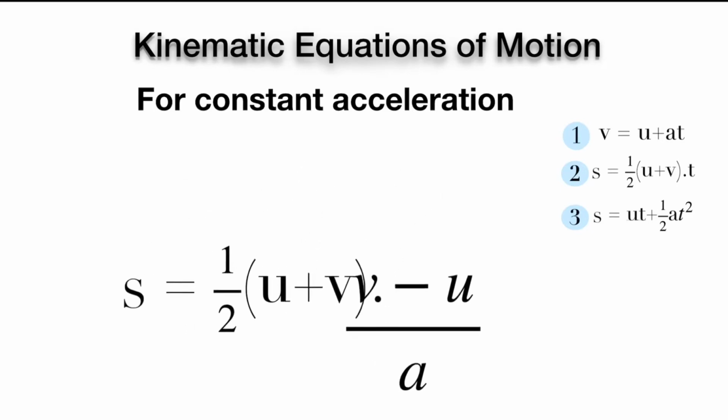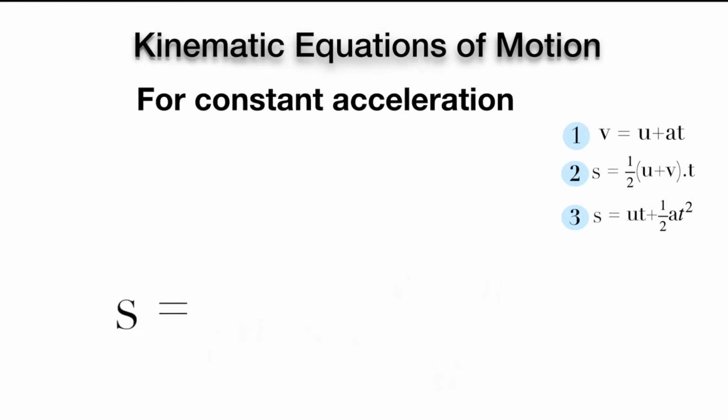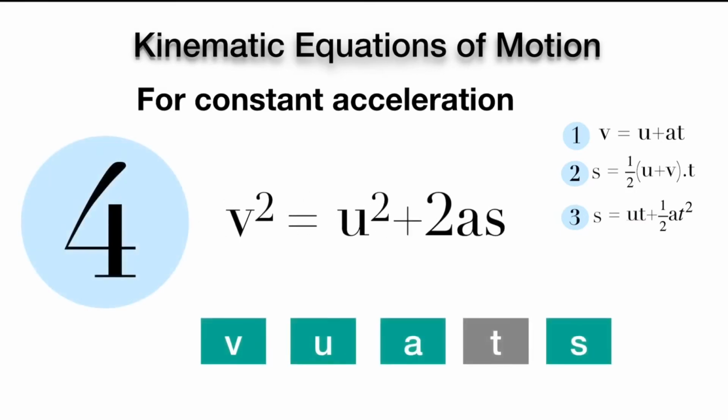When you put the value of t from equation 1 into 2 and rearrange, you will get v square is equal to u square plus 2as. This is the fourth motion equation for constant acceleration in one dimension. Again, this equation also contains 4 different variables.